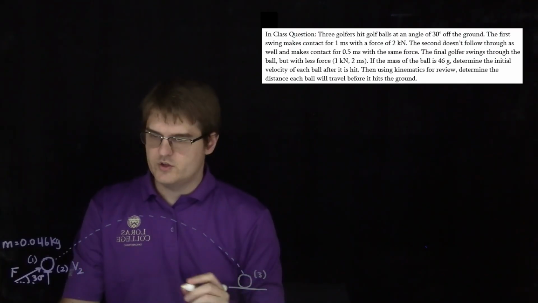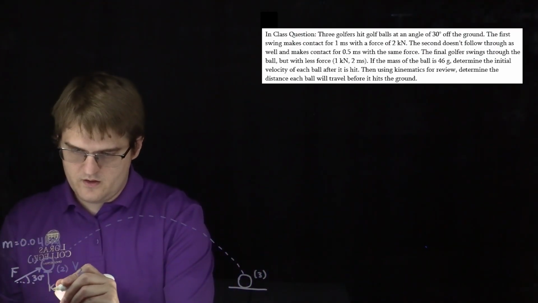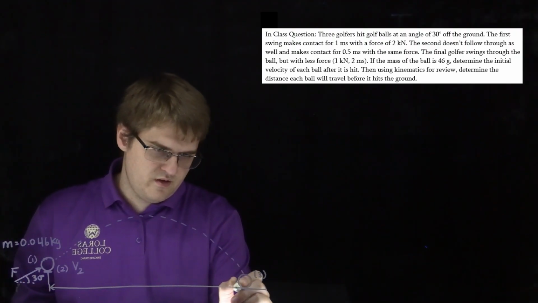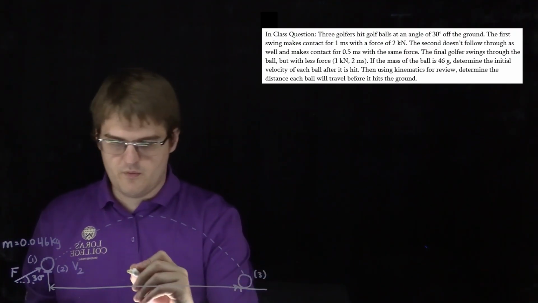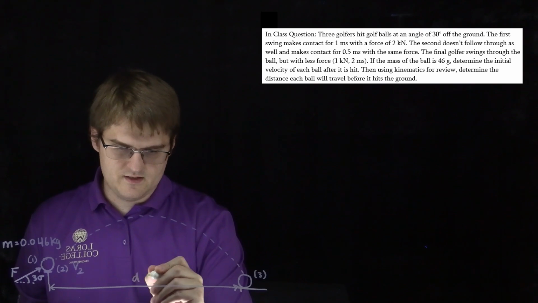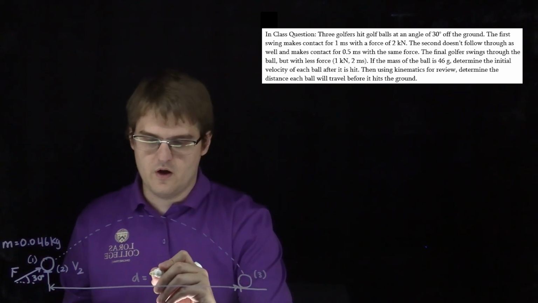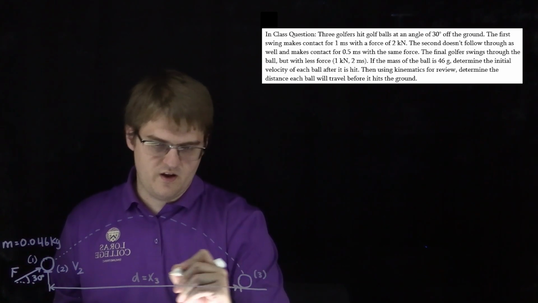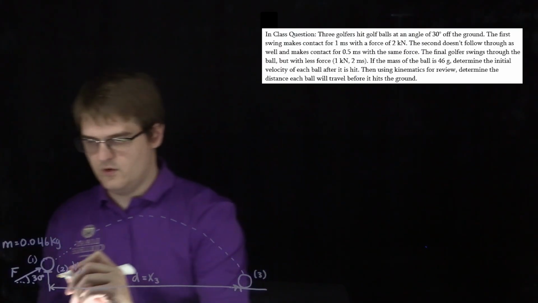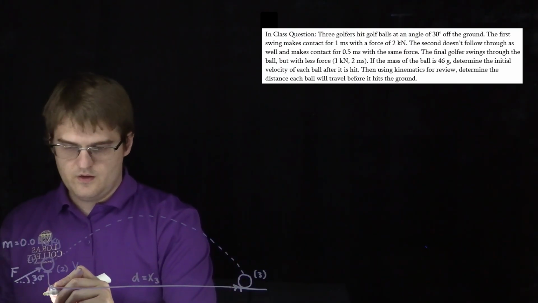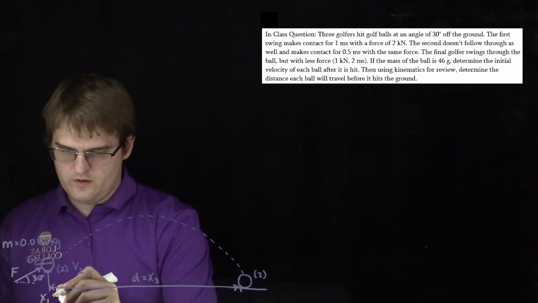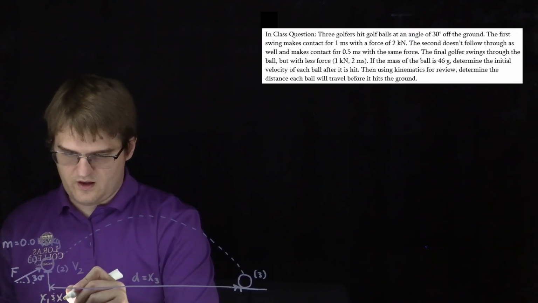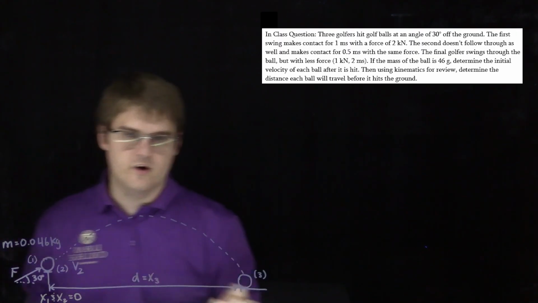And we are interested in how far that golf ball goes each time, which is a distance, or what we're going to call our position at time 3, assuming that x at 1 and x at 2 are both equal to 0.